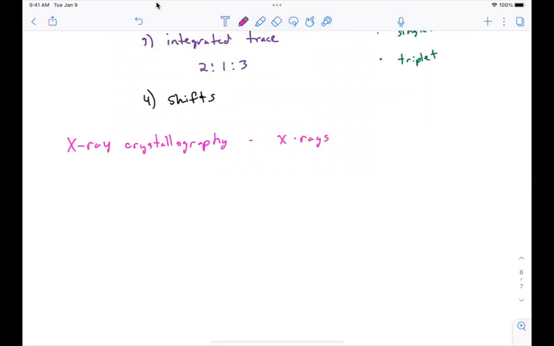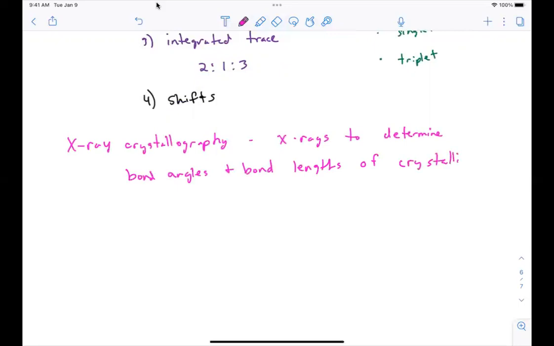It uses X-rays to determine bond angles and bond lengths of crystalline lattice structures. So if they say something about using X-rays, that's X-ray crystallography. If they say something about bond lengths or bond angles, that's X-ray crystallography. But you are not required to interpret X-ray crystallographies in core curriculum. In option A, analytical, you do talk about actually calculating the bond angles and bond lengths, but not for core stuff.